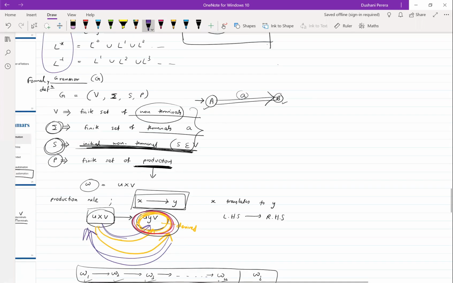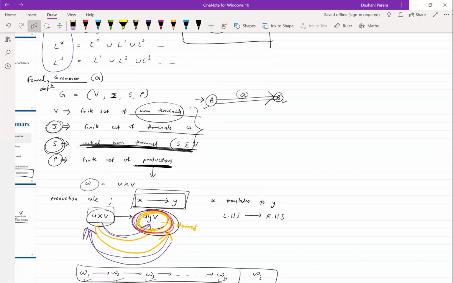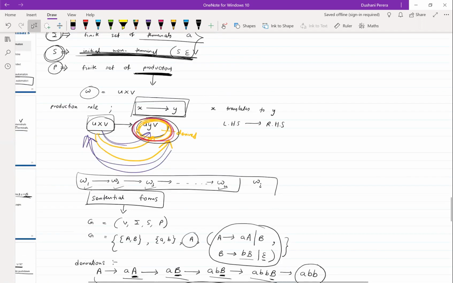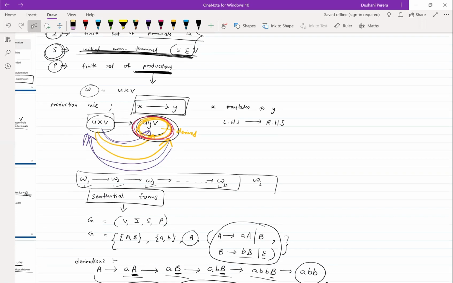Then we defined grammars, the formal definition of a grammar. V, sigma, S, P, we defined non-terminals, terminals, starting terminal and productions. In productions we said that by taking a string through a production rule we can generate a new string. So production rules work from the left hand side towards the right hand side.